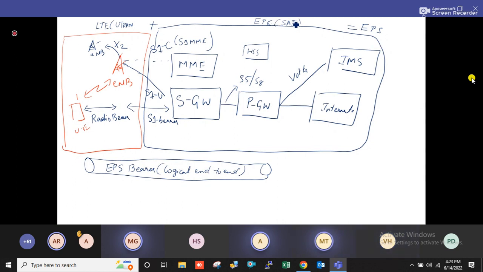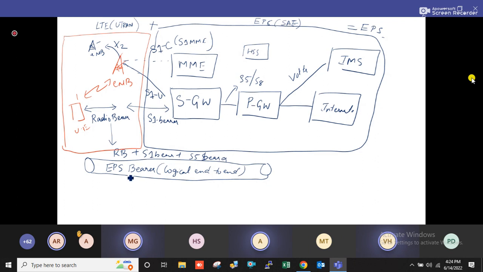And you know about all these things. So LTE plus EPC put together, it's called as EPS. So this particular bearer is called as EPS bearer. Okay, the EPS bearer consists of how many bearers? The radio bearer plus S1 bearer plus S5 bearer. And for simplicity purpose, I am putting S5. It can be S8 also.